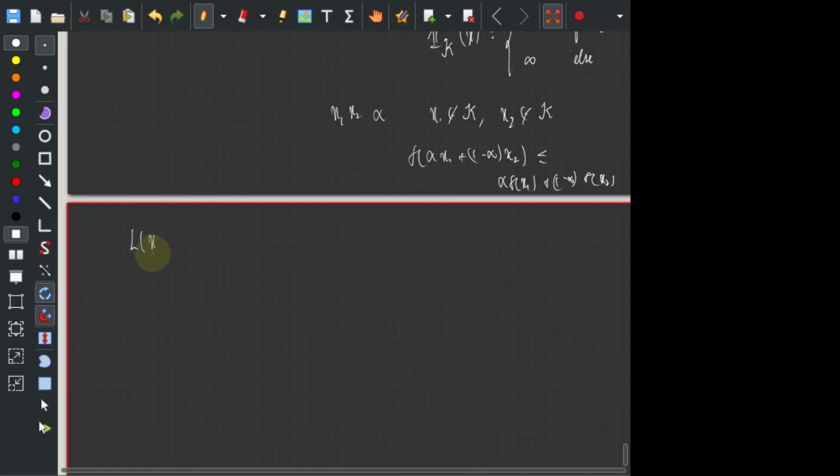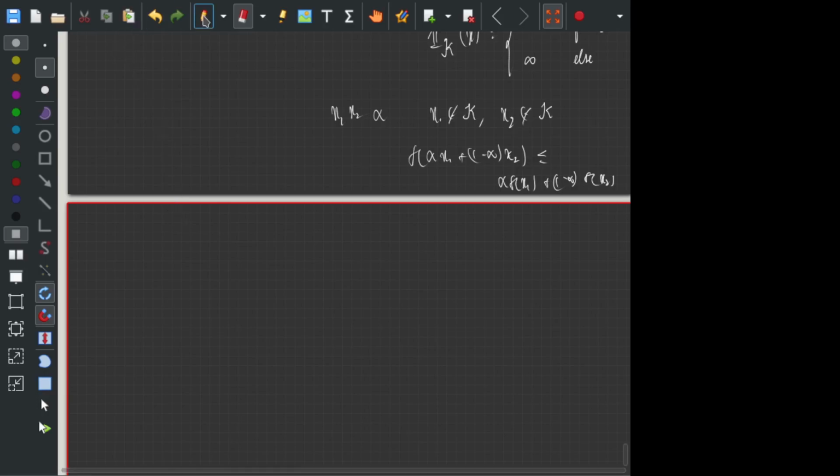So L of x, comma, there are no constraints at all, right? So what is the Lagrange dual function of this going to be? Itself, right? So I'll reformulate this problem in a slightly different way.